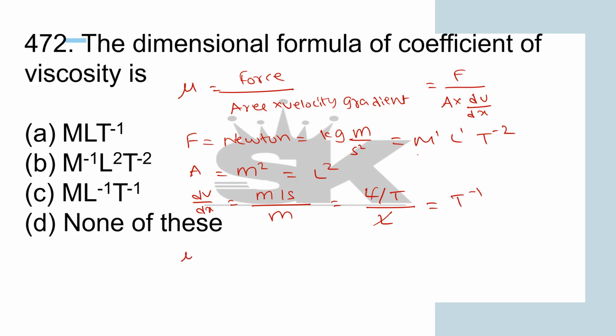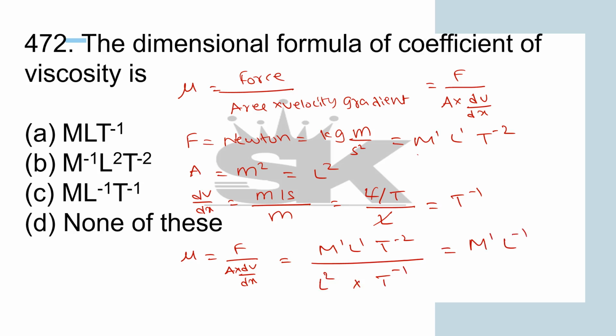So by combining all this, F by A into dV by dx: M1 L1 T power minus 2 by L square into T power minus 1. So here M1, L power minus 1, and T power minus 1.